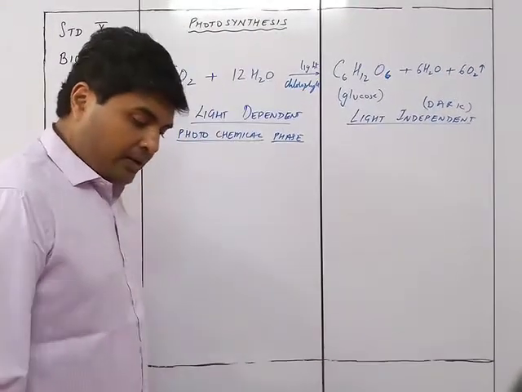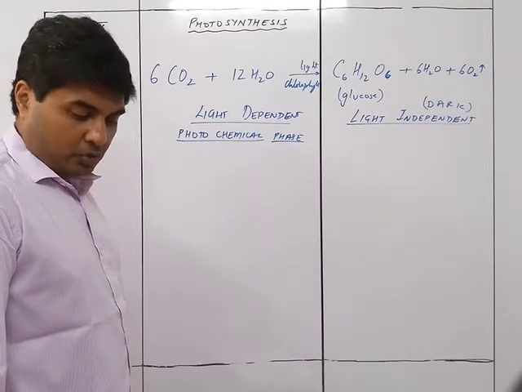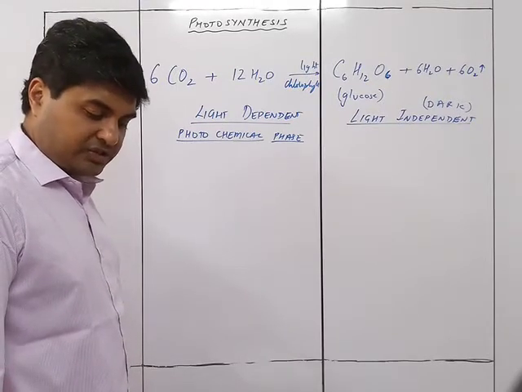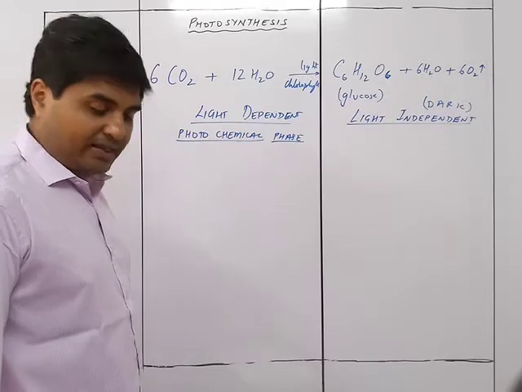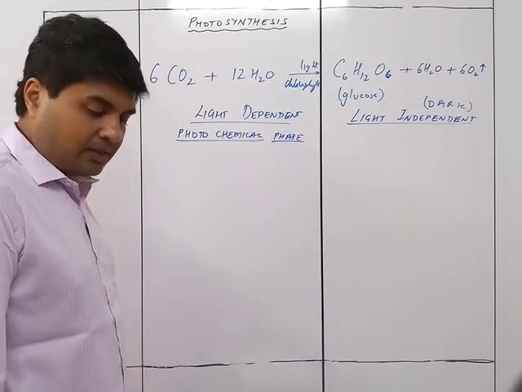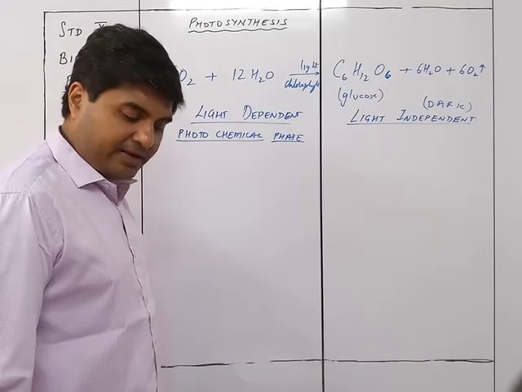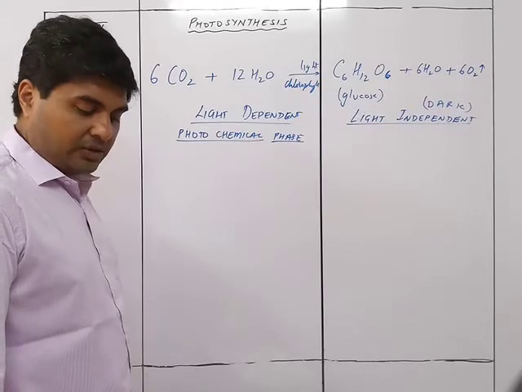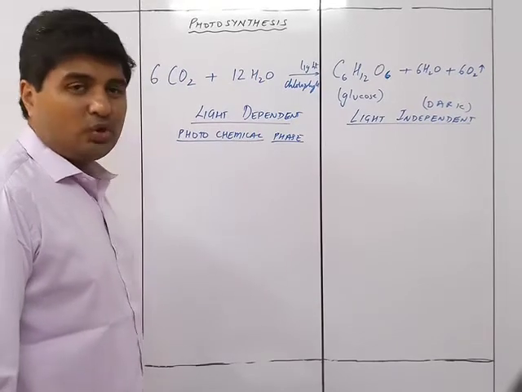In this phase, light plays a key role. A series of chemical reactions occur in very quick succession, initiated by light, and therefore the phase is called the photochemical phase. The light reaction takes place in thylakoids containing chlorophyll of the chloroplast. The light reaction occurs in two main steps.